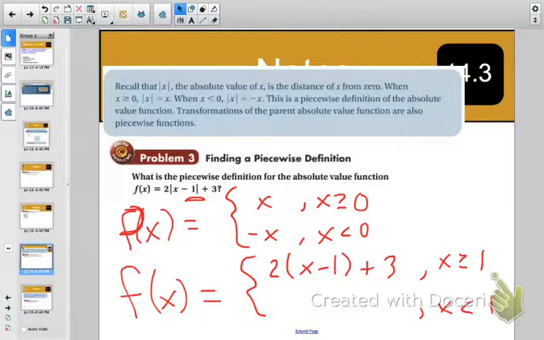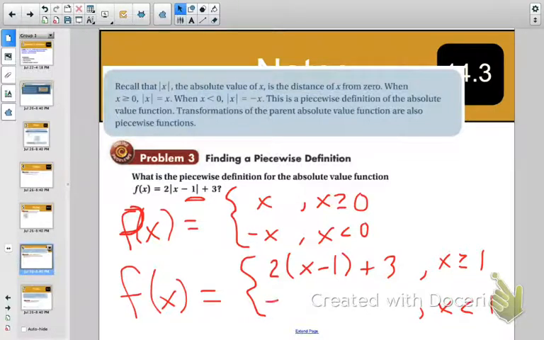Now for the negative piece, with the absolute value functions, we only care about changing the horizontal aspect. This plus 3 right here is not going to turn into minus 3, because then those two functions wouldn't match up. So really, we're just going to apply that negative to the 2.